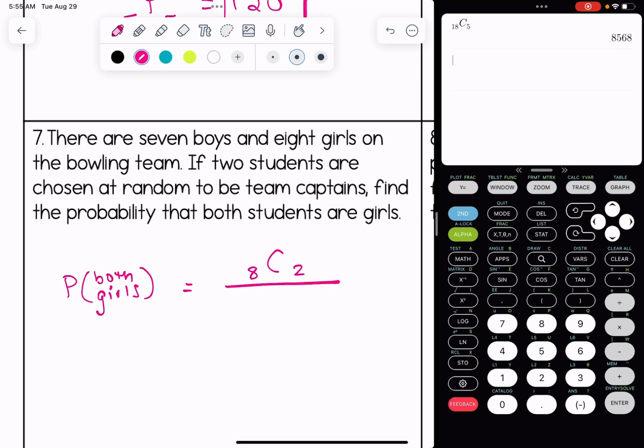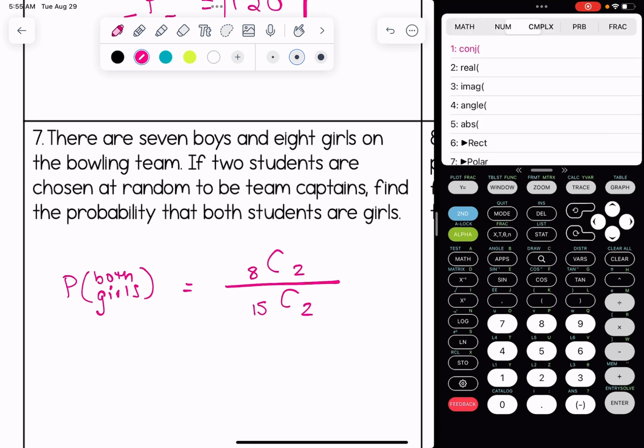For how many total possibilities? Well, there's 15 students, and we are going to choose 2 of them. All right, so we are going to put this in our calculator. I'm stacking my fraction, so I did alpha y equals choice 1 to get my fraction bar, and now I'm going to calculate this probability. So I have 8C2 divided by 15C2.